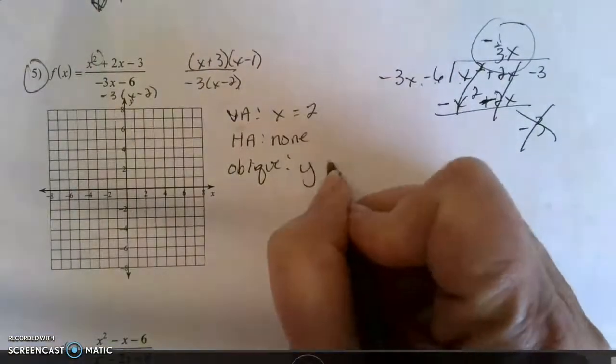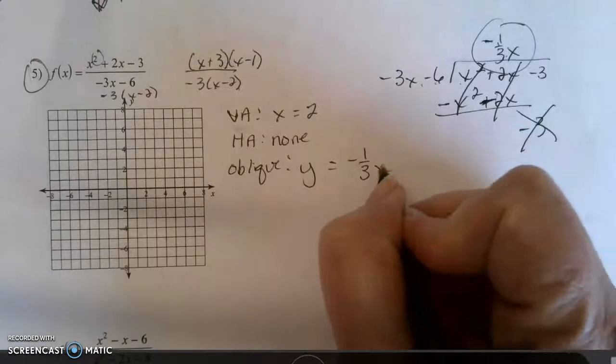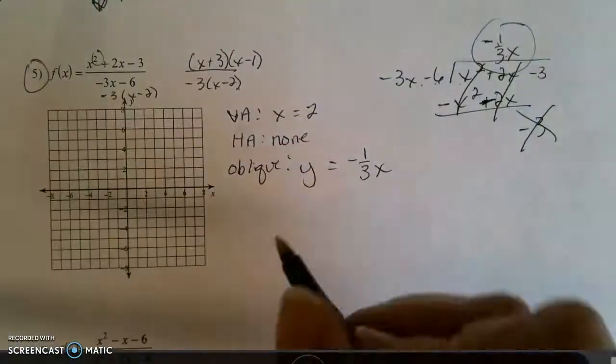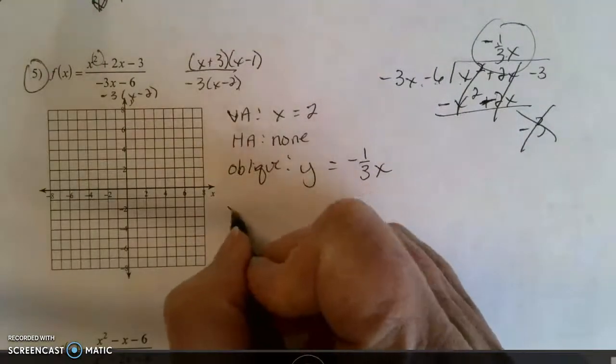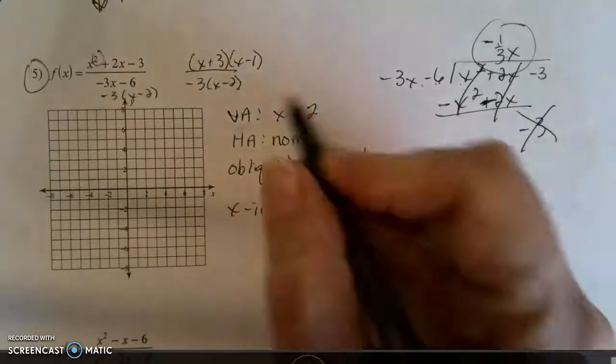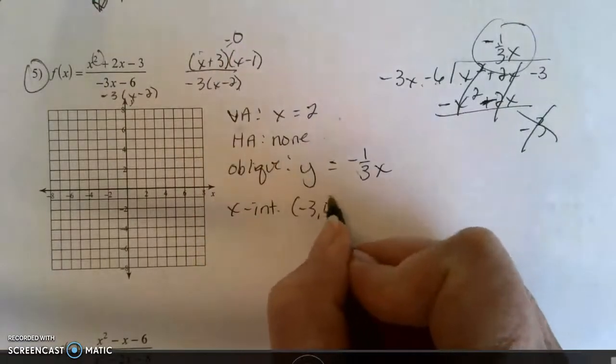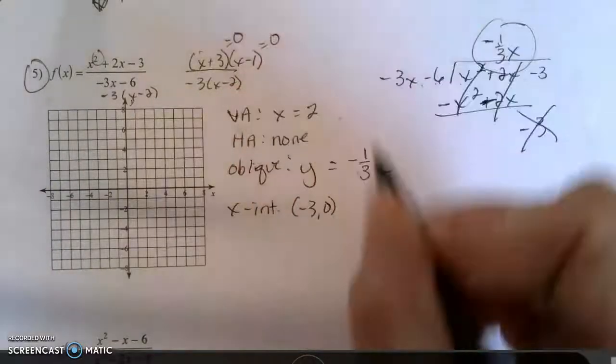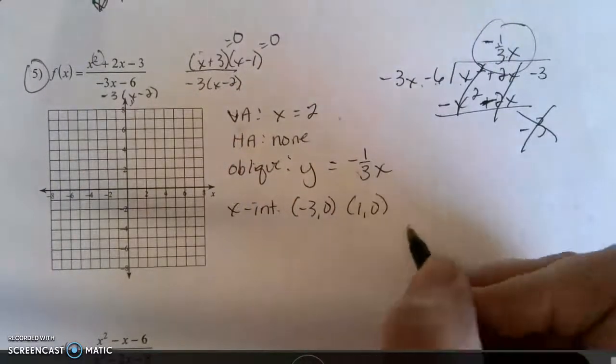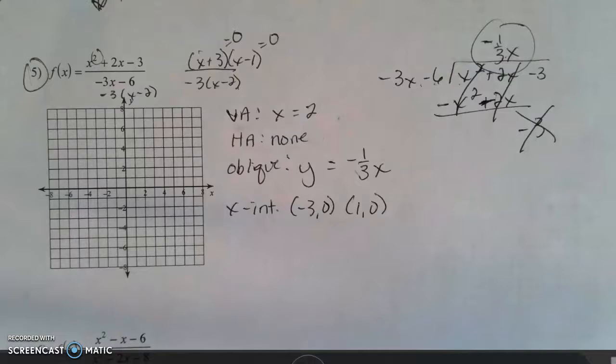So my oblique is -1/3 x. My x-intercepts, set my numerator equal to 0. So I have -3 and 1. Okay, let's start graphing.